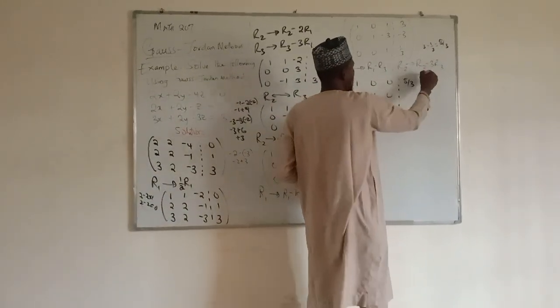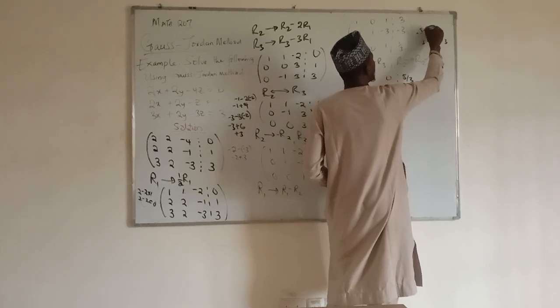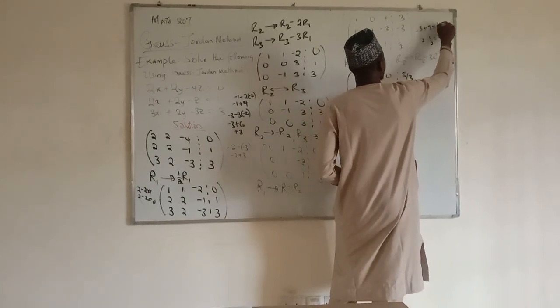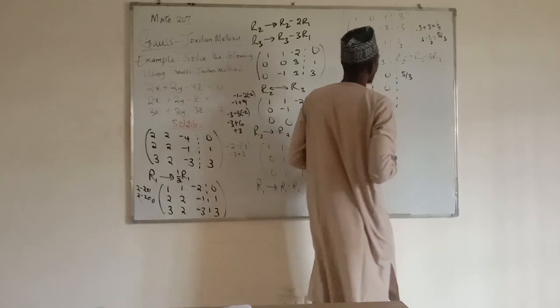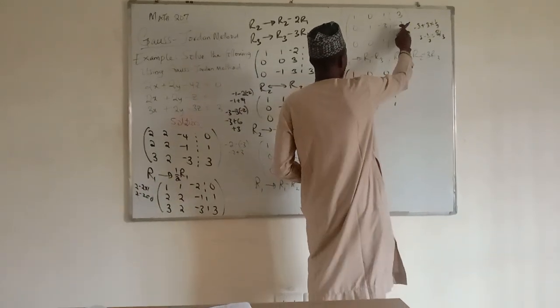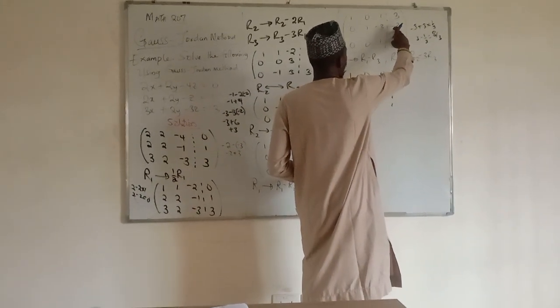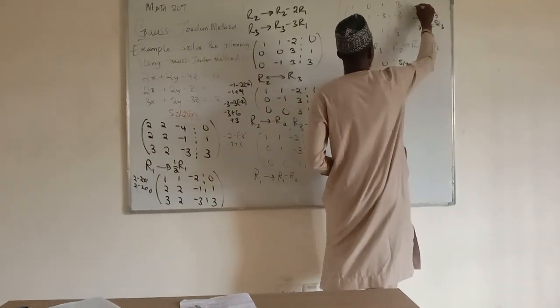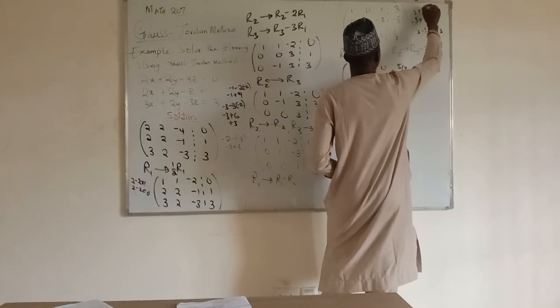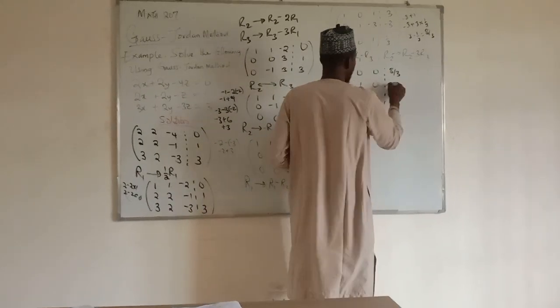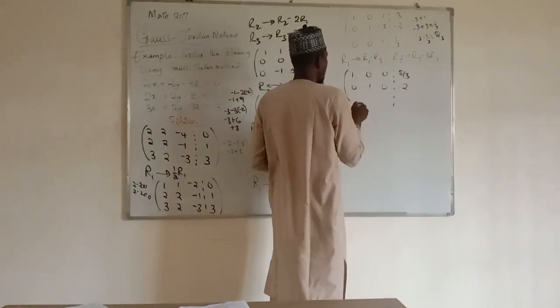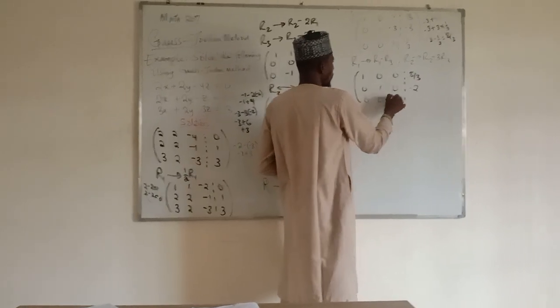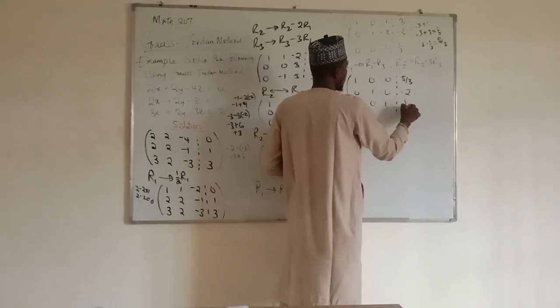Then we have minus 3 plus 3 times 1 over 3, so minus 3 plus 1, which is minus 2. And we now have 0, 0, 1, 1 over 3.